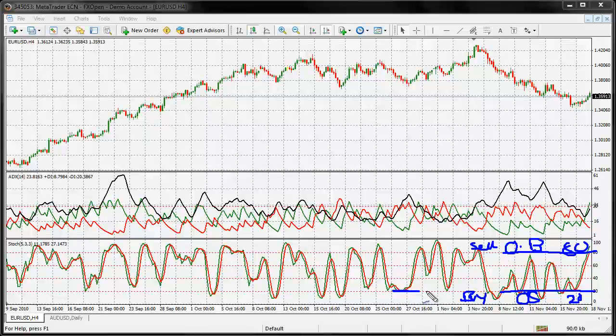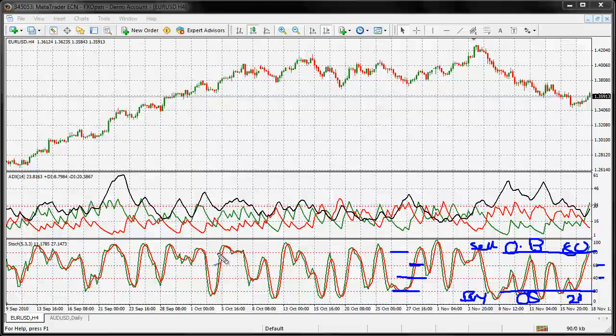We don't want to always buy or sell off of these higher and lower levels, because there is a chance of it going back the other way. So we have midpoints like here and here. I've got one set in at 40 and 60.